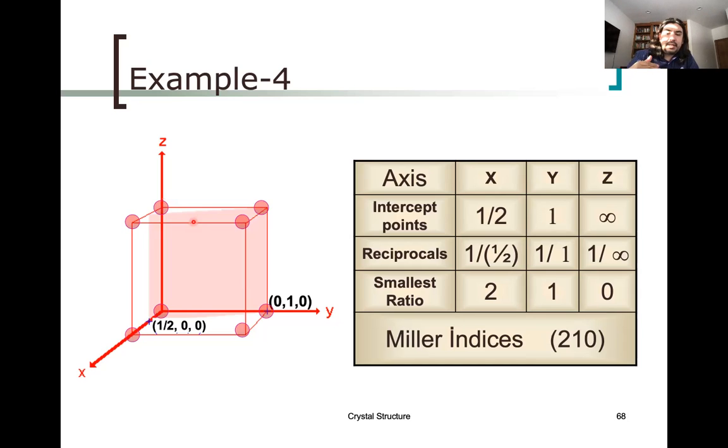The family of planes that are 2, 1, 0, this particular one that I'm highlighting here passes through 1/2, 0, 0, and from 0, 1, 0. How about the plane behind it? Would that one pass through the c-axis or not? So do I have a volunteer to answer that question? Yes, no?